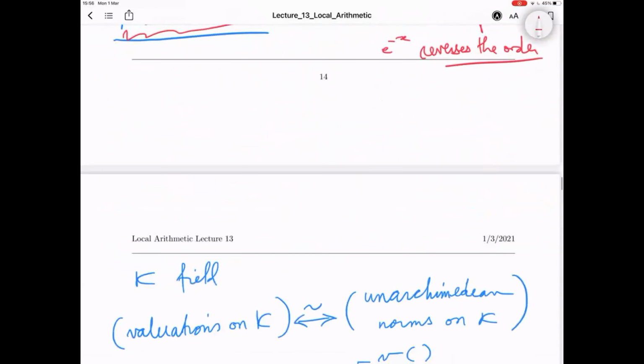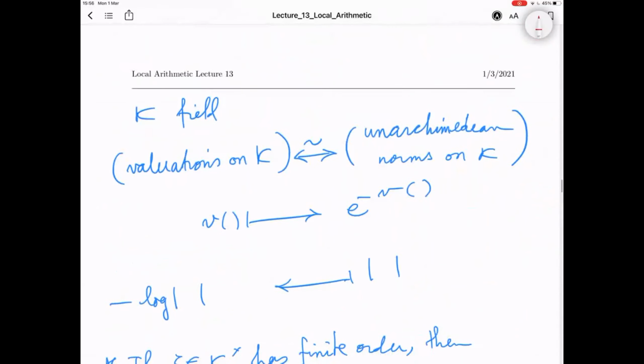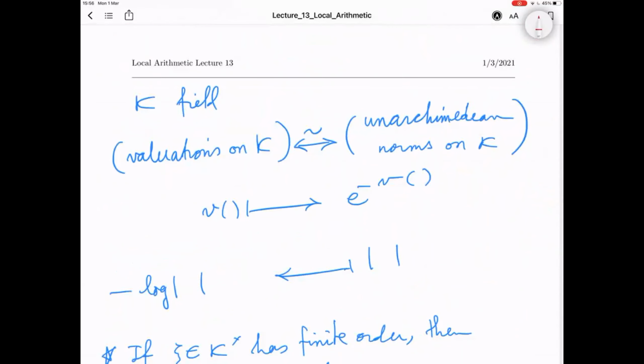Anyway, I've already explained that if I have a valuation on K, then I get a non-Archimedean norm on K by sending v to e to the minus v.